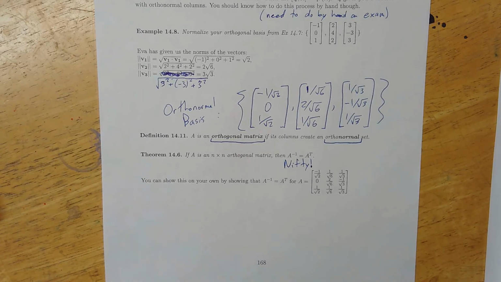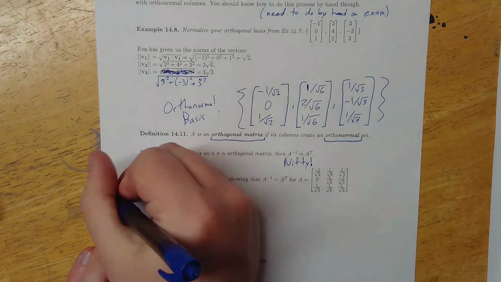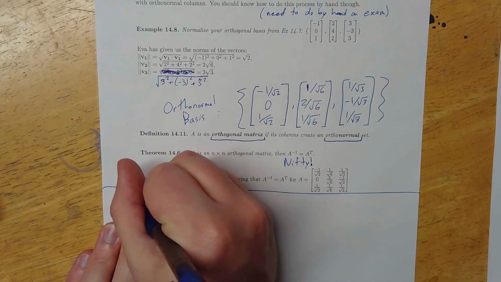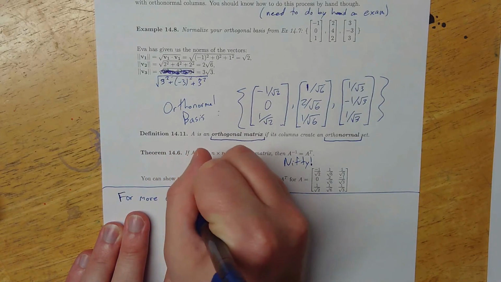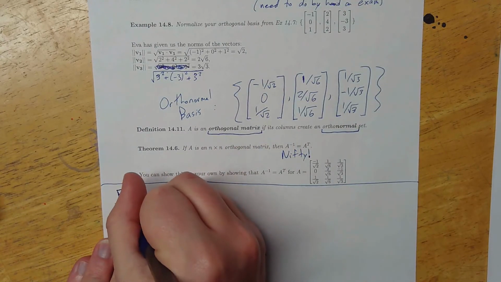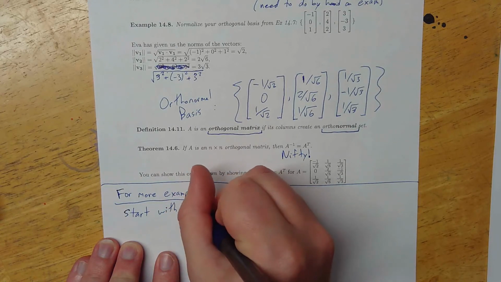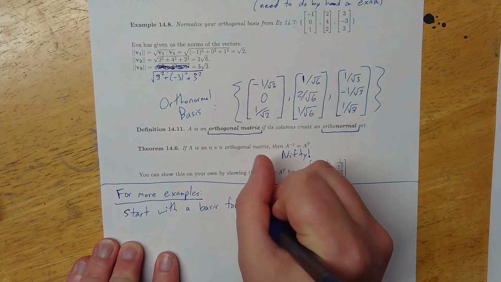So if you're looking for more examples of trying to do the Gram-Schmidt process, what you should do is start with a basis for Rn.